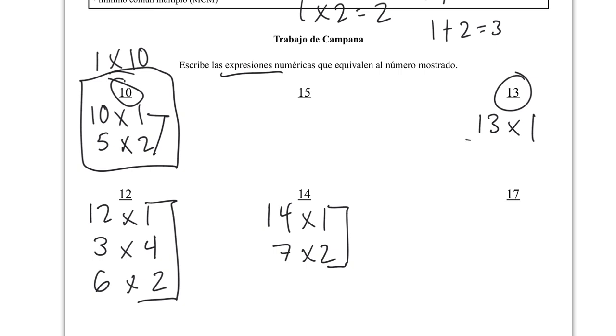Well, there isn't any. And the same goes for 17. There's also no other set of numbers other than that number. So 13 times 1 and 17 times 1.